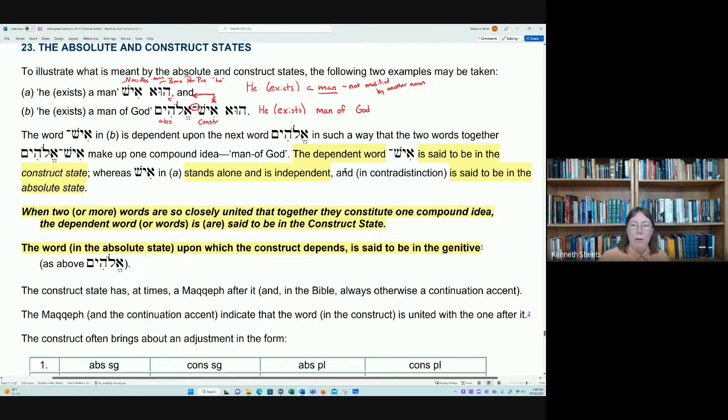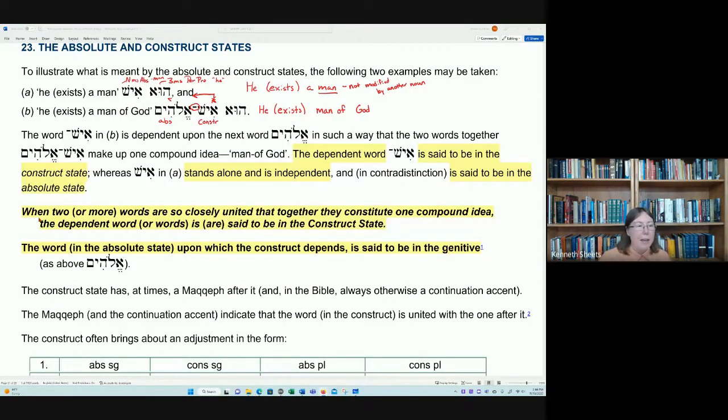The dependent word, ish, is said to be in the construct state, whereas in the first example, hu ish, ish stands alone and is independent and is thus in the absolute state. So again, if you have a noun that's being modified by another noun, that noun is said to be in the construct state. If it's not being modified, then it is said to be in the absolute state.